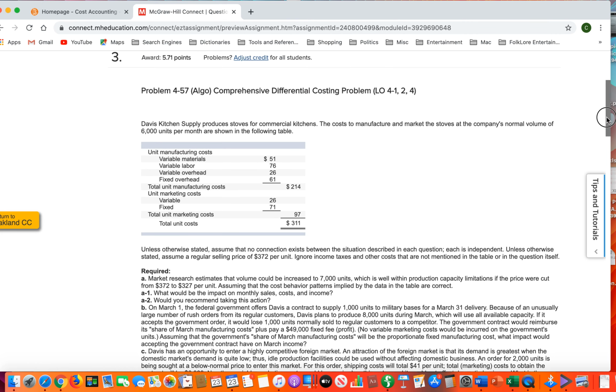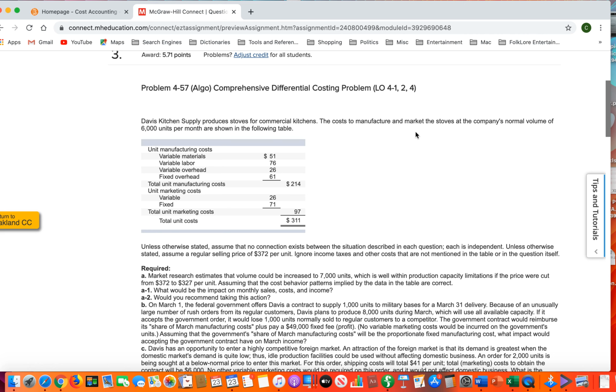So let's take a look here. First of all, what is the variable overhead? The variable overhead is you can do it this way. You take 214 minus 61. 214 minus 61. And so in other words, it's $153 per unit of variable cost. Okay? So you multiply that by 1,000.